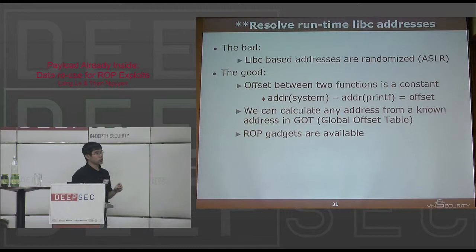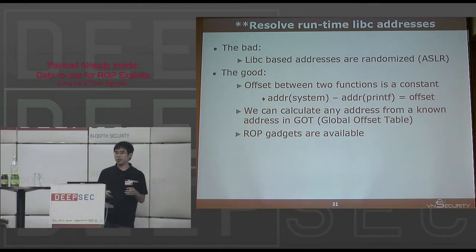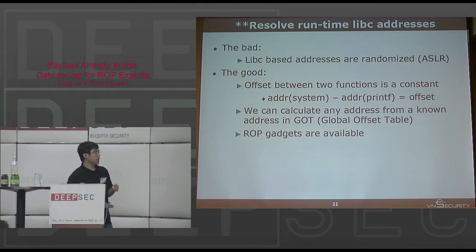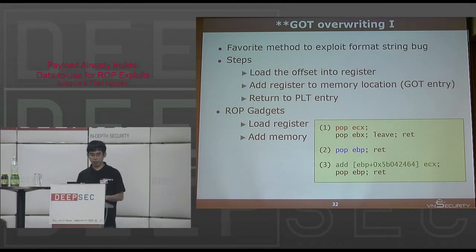For this reason, we can resolve and calculate any function address in the libc, and the gadgets are available in all of the binaries. For this we have a couple of different techniques, like GOT overwriting or dereferencing.